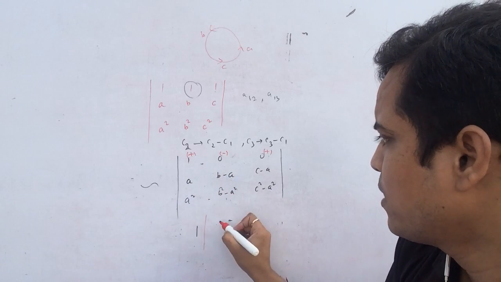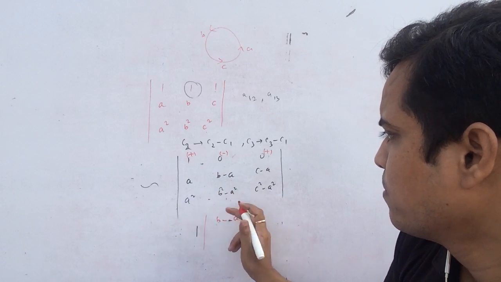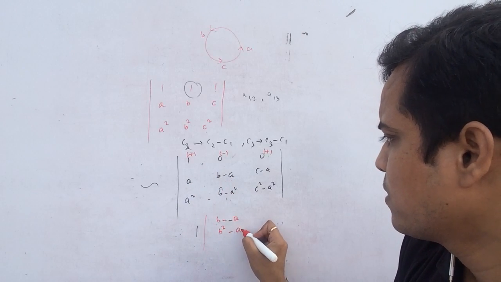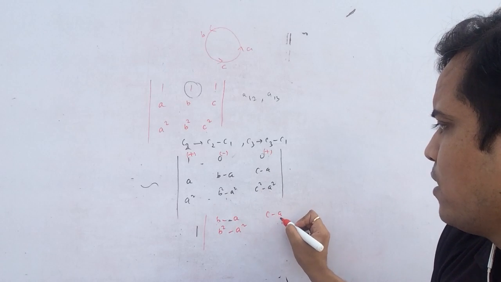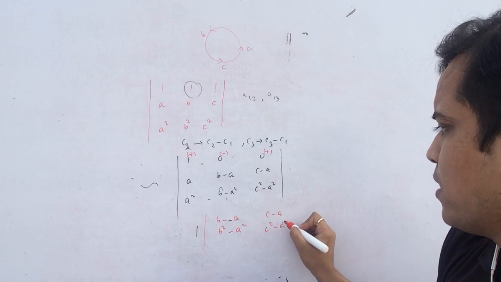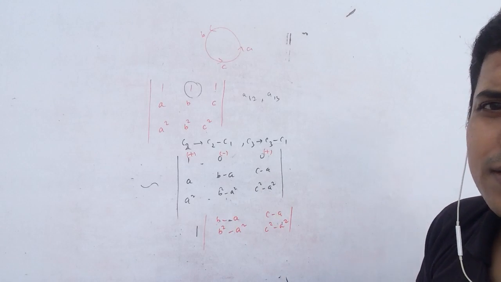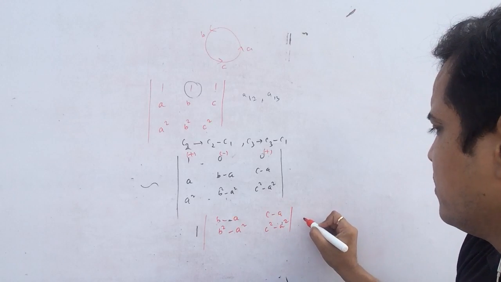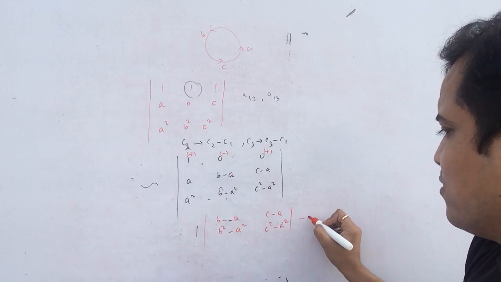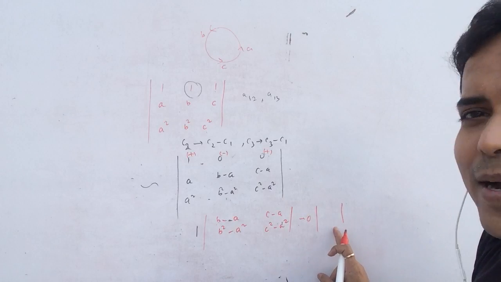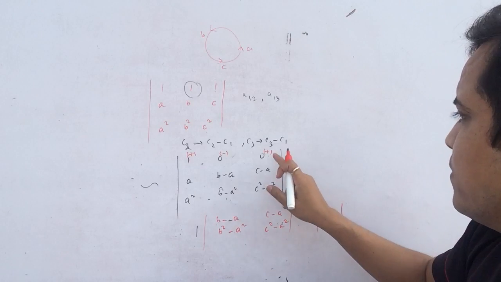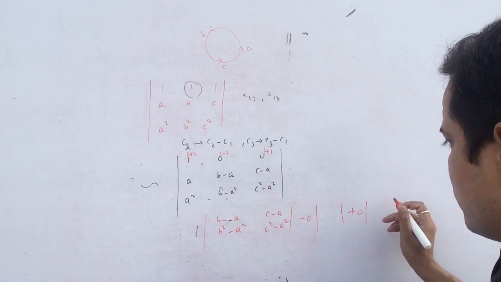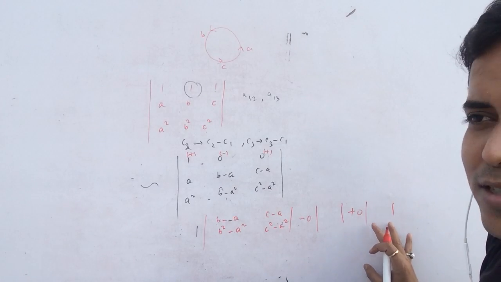So you get B minus A, B square minus A square, C minus A, C square minus A square. Then minus 0 multiplied by this determinant, the answer will be 0. Then plus 0 multiplied by this determinant, the answer will be 0.